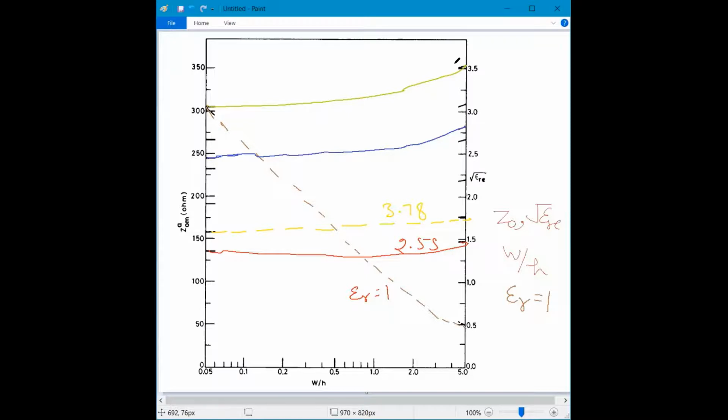So by seeing this graph, we can make some conclusions, and these conclusions are: first, the impedance for any value of epsilon R can be obtained by dividing Z0a by the corresponding value of epsilon R. So Z0a means this is the characteristic impedance of the material in the air.